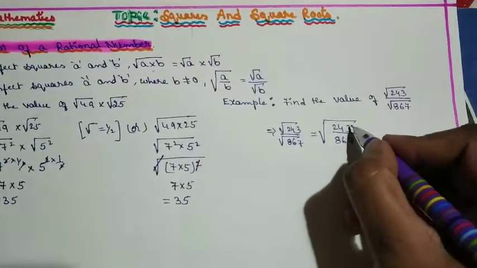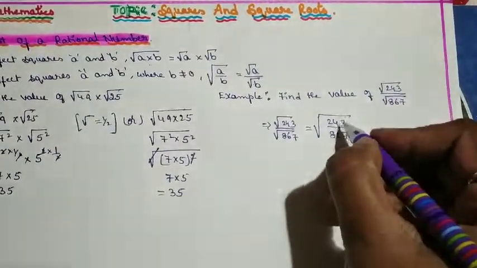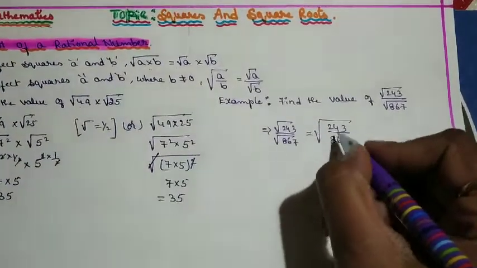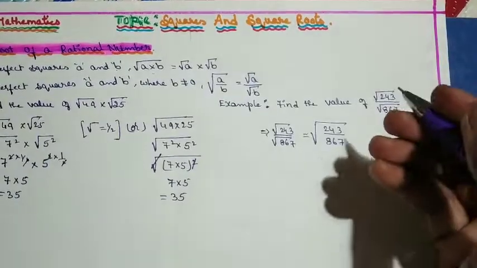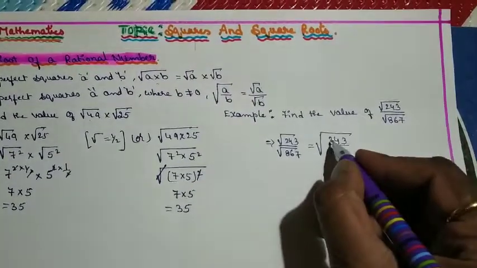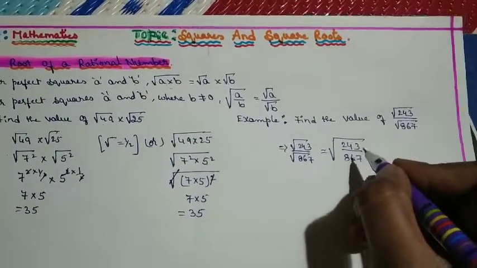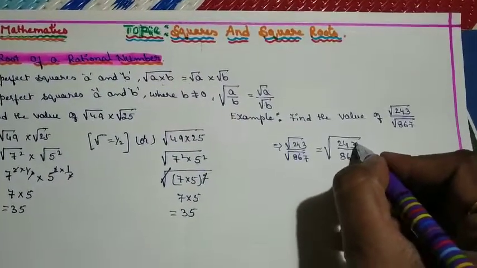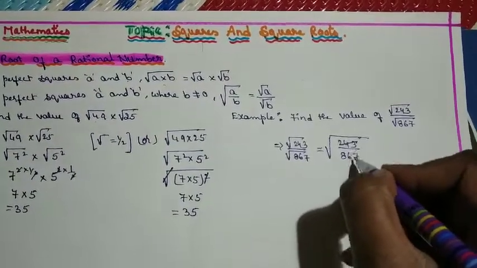When we come across numbers that are not perfect squares, then in both numbers one factor will be common. Here 243 and 867 have a common factor, 3. You can go for cancellation, that is, converting the rational number into its lowest form.